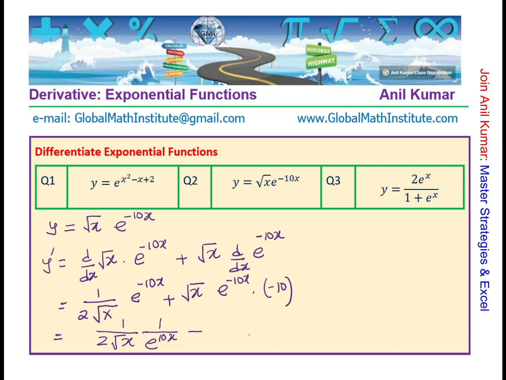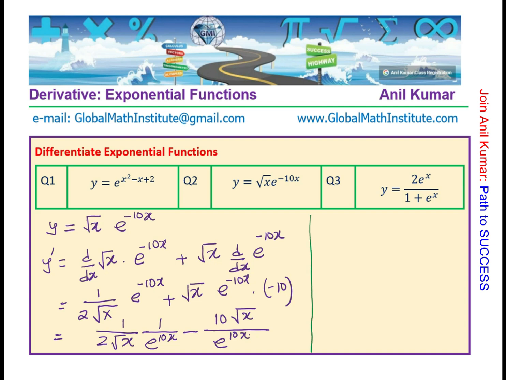Now this can be written as negative 10 square root x in the numerator and e to the power of 10x in the denominator.